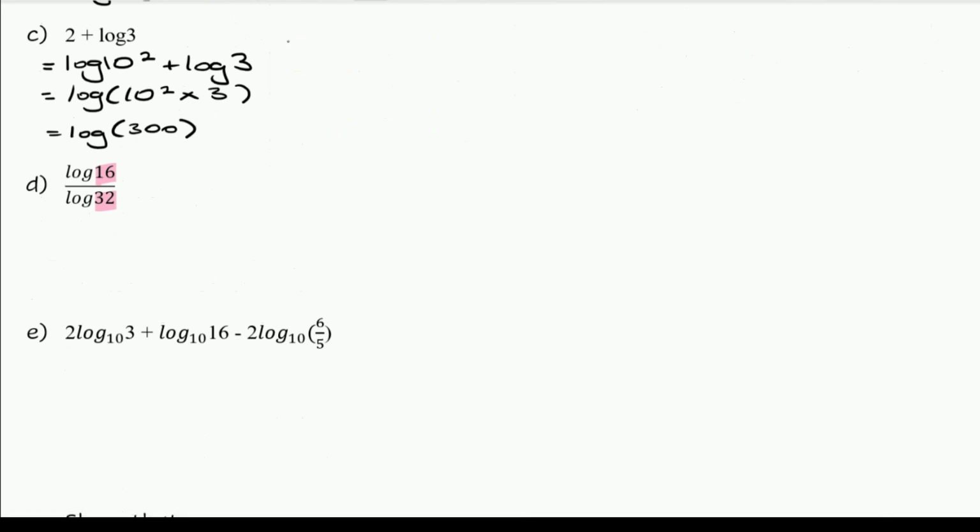So this 16 should be 2 to the power of 4, and this 32 can be expressed as 2 to the power of 5. So I'm going to plug both of these back into my log statement here. So I've got log of 2 to the power of 4 over log of 2 to the power of 5.